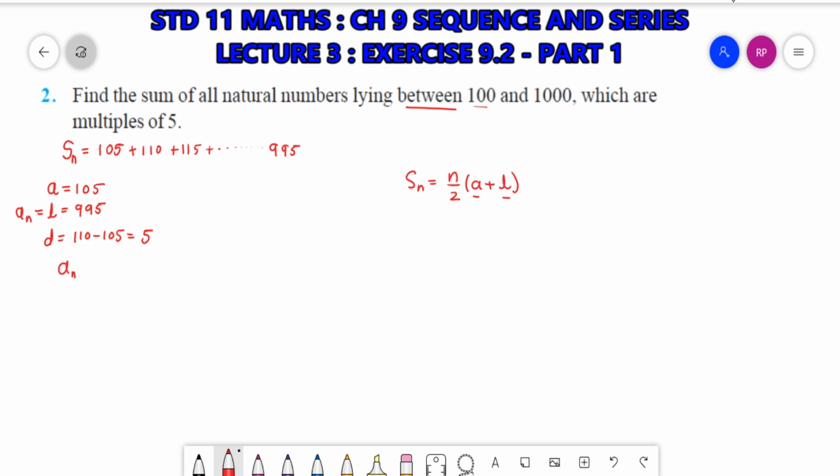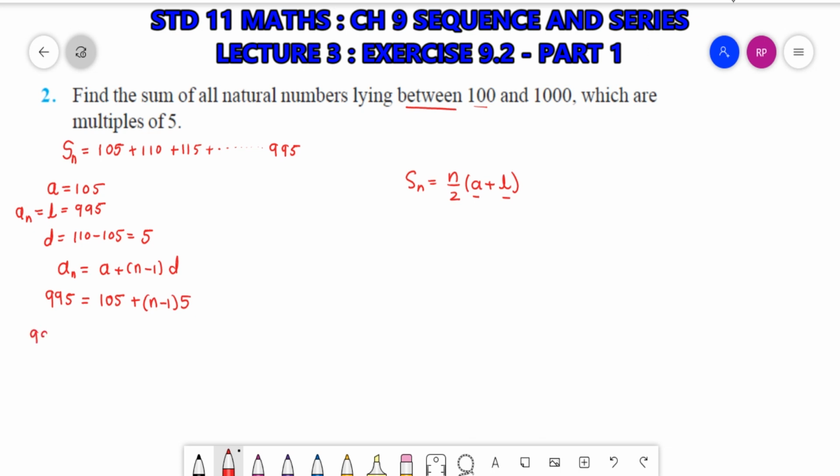So the formula is an equal to a plus n minus 1 d. Now the nth term, meaning the last term, is 995. That is equal to a, that is 105, plus n minus 1 d, the difference is 5.